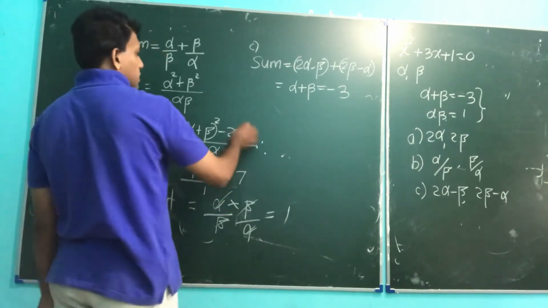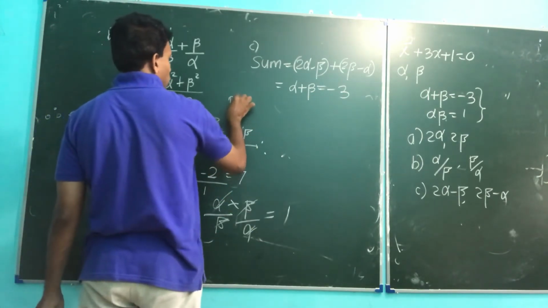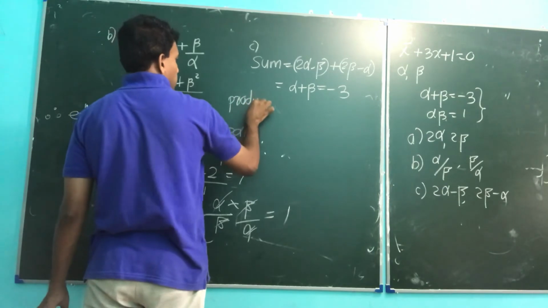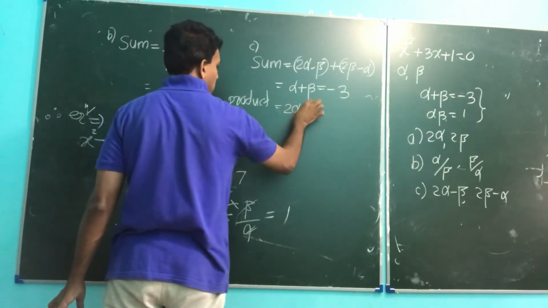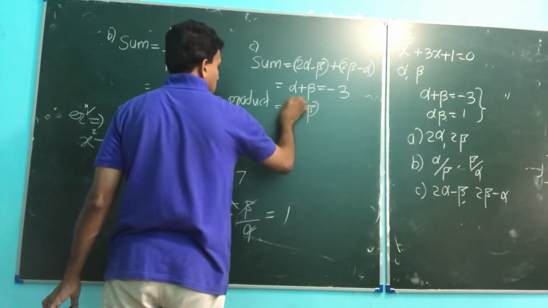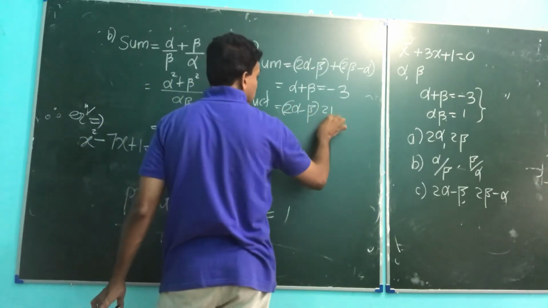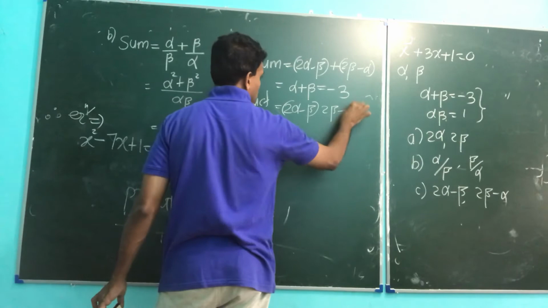Now find the product of the roots. One root is 2 alpha minus beta, the other root is 2 beta minus alpha.